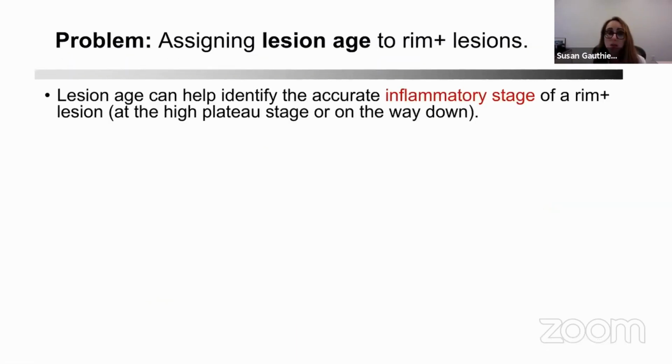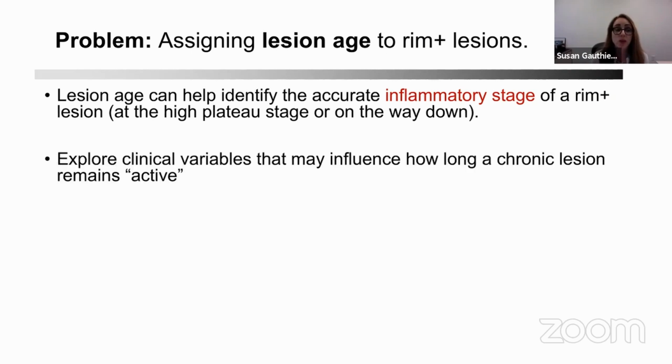But importantly, we need to be more specific about this trajectory. We feel that we need to assign a lesion age to help identify the accurate inflammatory stage of the rim-positive lesion. In addition to treatment effect, we can also explore clinical variables that might influence how long a chronic active lesion remains active.